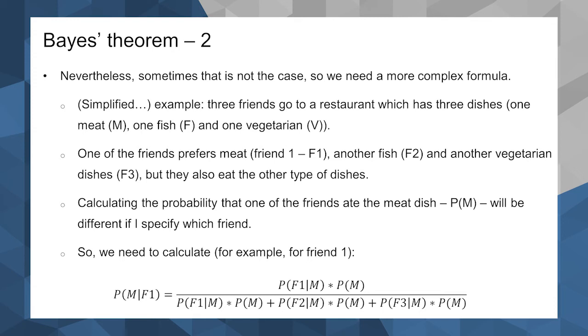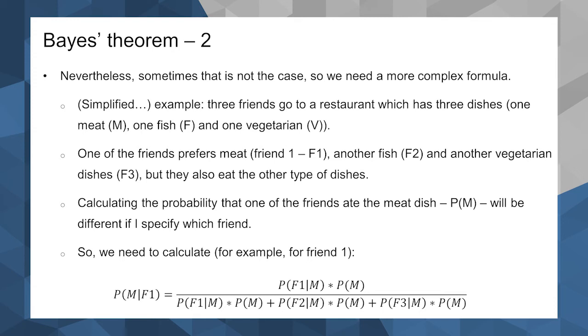And what we are doing here is exactly the same we did in the previous slide, but when we don't know the probability of the earlier event. So let's have a look at an example here.